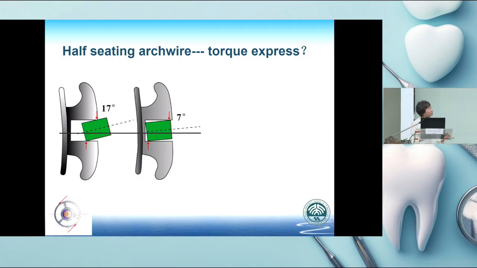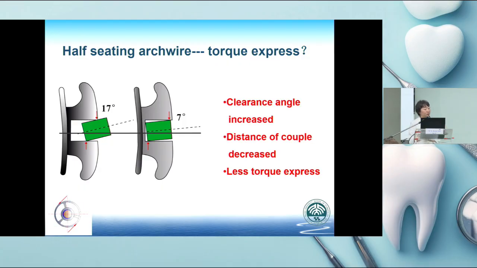If you put the arch wire in totally with a passive self-ligating bracket, you get a fully seated arch wire, and you get fully expressed torque. With a half-seated arch wire, you get increased clearance angle. The distance of the couple decreases, so you get less torque expression.